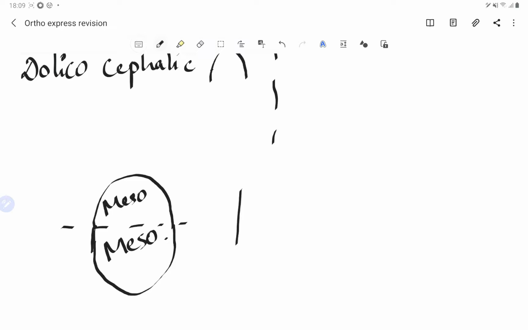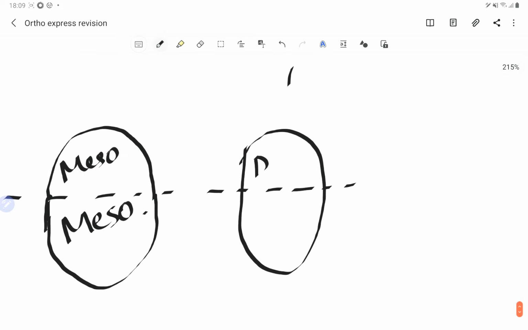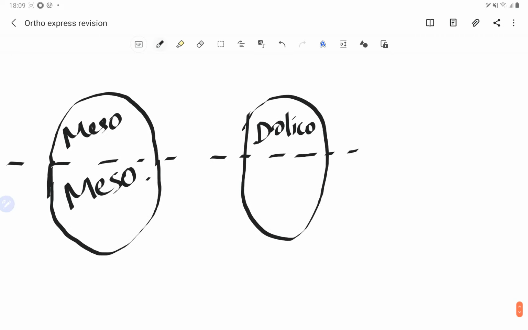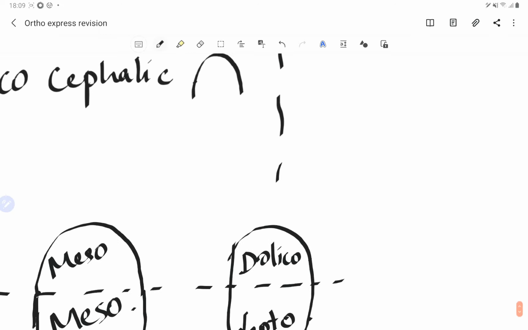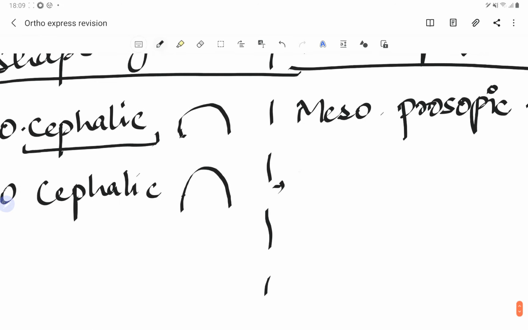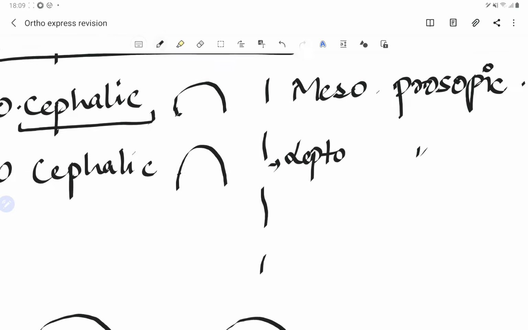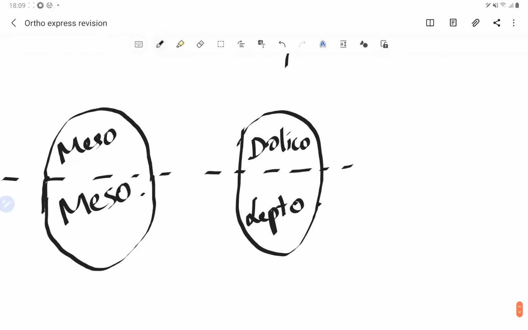Then the other one we have is the long and narrow face. Long and narrow head is dolichocephalic. Long and narrow face is leptoprosopic. So here we have leptoprosopic. That means the person is having a long and narrow face.